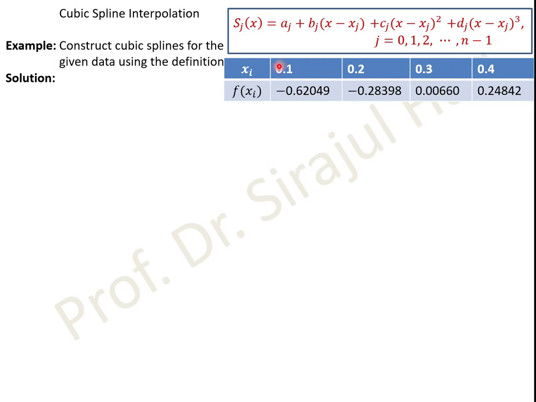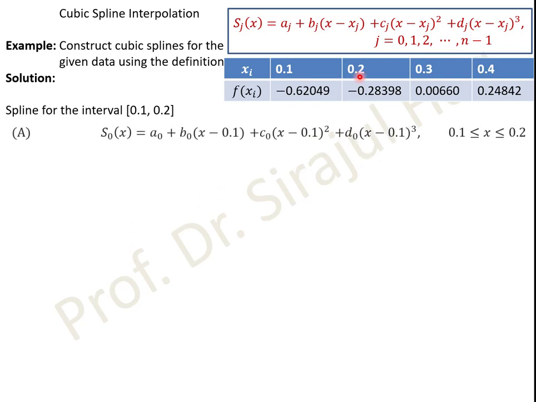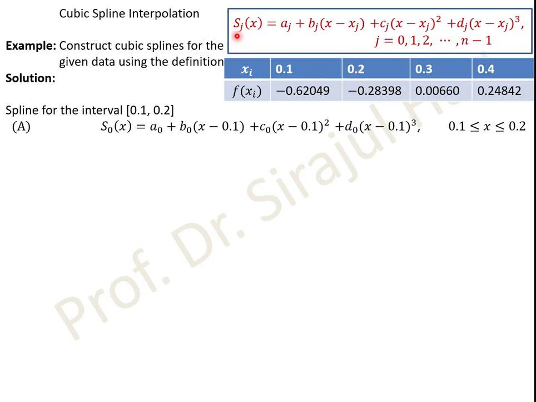We will be constructing a spline between these 2 points, another spline between these 2 points, and another spline between these 2 points. So let's see the spline between 0.1 and 0.2. In this interval, the spline is given by, I represented that spline by S0, which means let's replace j by 0.